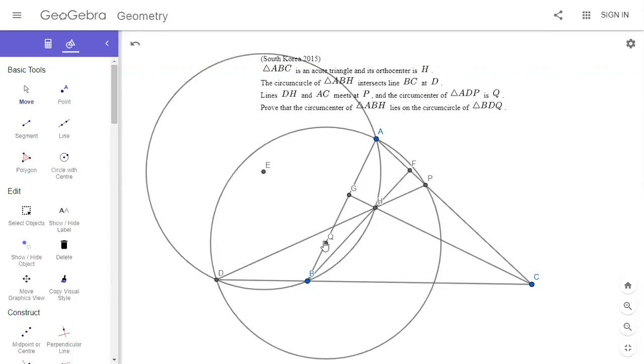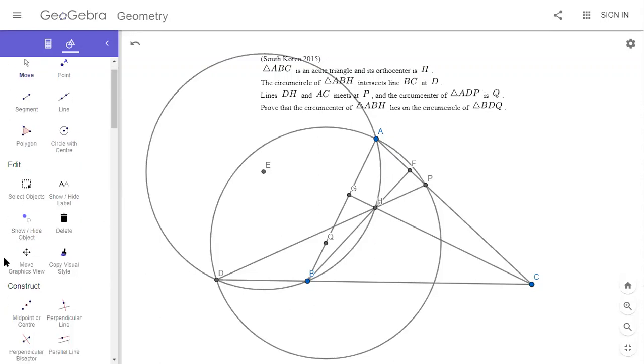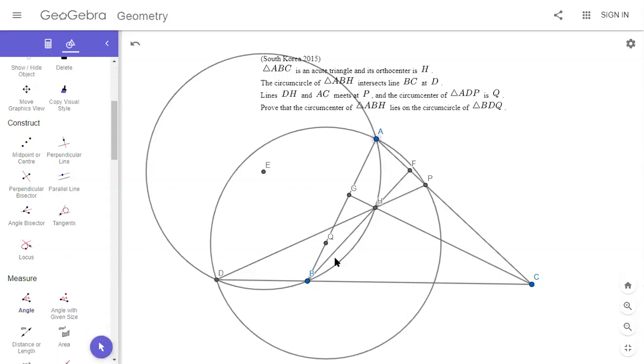So angle AHP is equal to angle B. I wonder if AHP is similar to ABC. No, I don't think so. But angle B is 34.9.